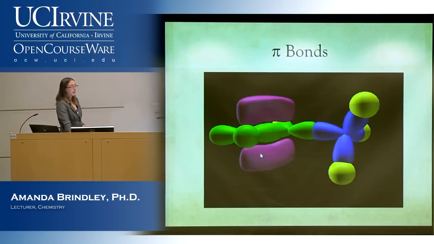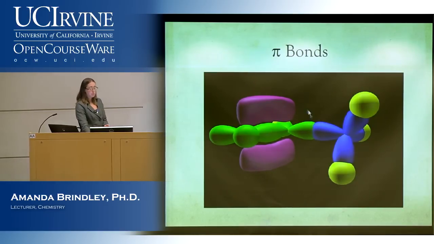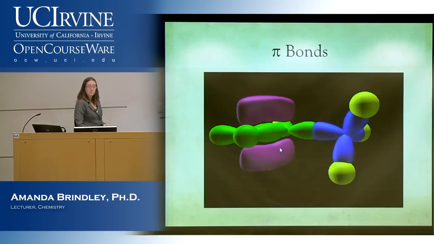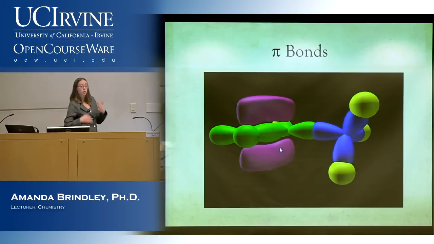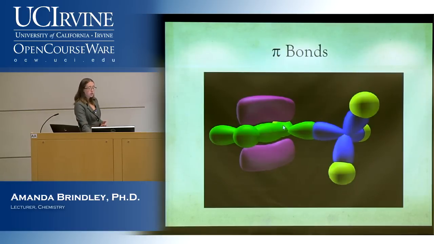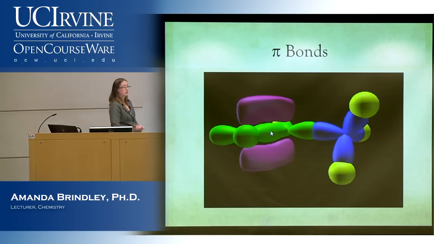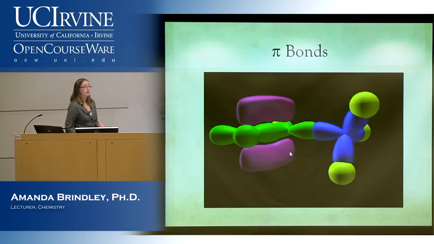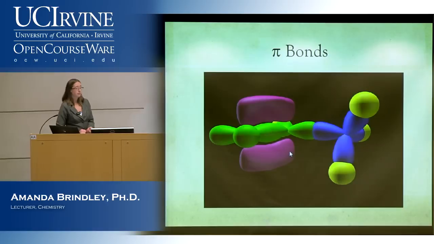Everything on here is single bonds except one thing, and that's this bright pink. That's going to be your pi bond, okay? So notice there's two lobes to it, but that's still just one pi bond. So this bond right here, that would be your single bond, and that would be a sigma bond. And then this two-lobed system right here, that's the pi bond.